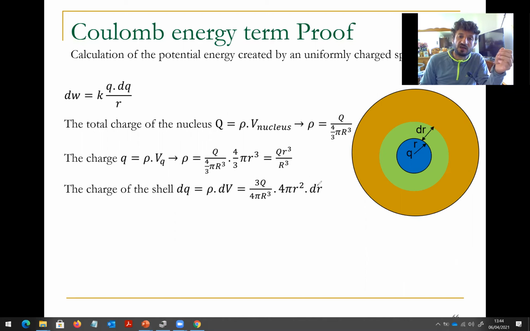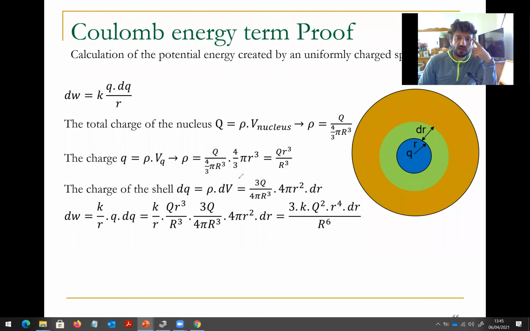The surface of the shell equals 4 pi r square times the thickness dr. And we substitute the value of rho here, so we get 3Q divided by 4 pi R cube times the shell volume. We can simplify this one.